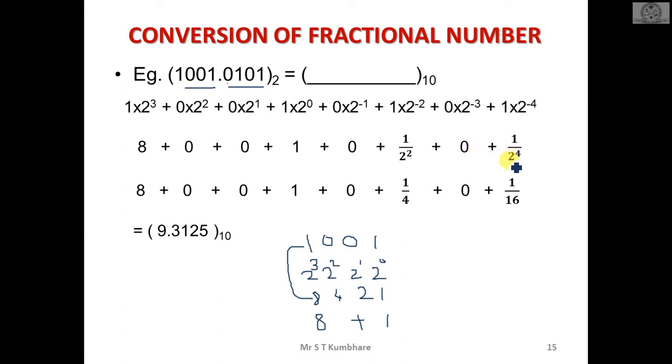Here 0, 1 by 2 raised to power 4. So what you will get? 8 plus 0 plus 0 plus 1 plus 0 plus 1 by 4 plus 0 plus 1 by 16. If you find out this fraction in a calculator, 8 plus 1 is 9, the point is there already, and this fractional part will give you 0.3125.